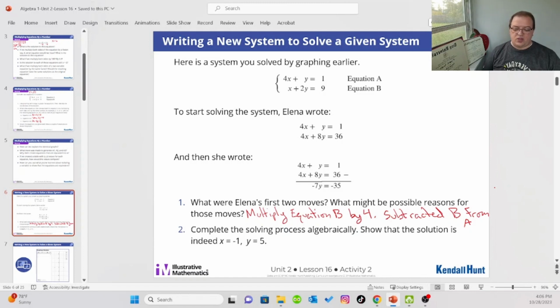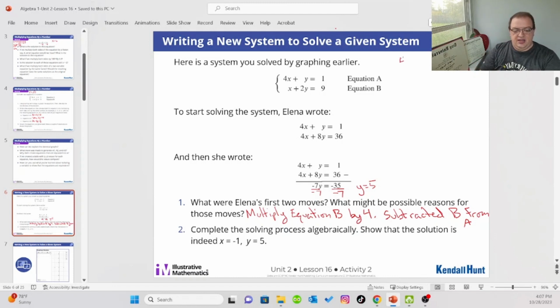Okay. Now it says complete the solving process algebraically. Show that the solution is indeed x equals negative 1 and y equals 5. So once we have negative 7y equals negative 35, we're going to divide both sides by negative 7. This gives us y equals 5. Now I take y equals 5 and I plug it back into either one of these top equations.